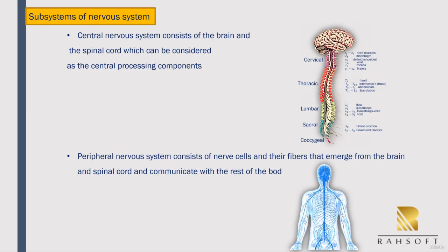The brain will then take that information from the spinal cord and send it back down through the spinal cord to the rest of the body, which will allow for the stimulus response to occur within the rest of the body. The rest of the body's nerves are considered to be the peripheral nervous system, and they consist of nerve cells and their fibers that emerge from the brain and spinal cord and communicate with the rest of the body.